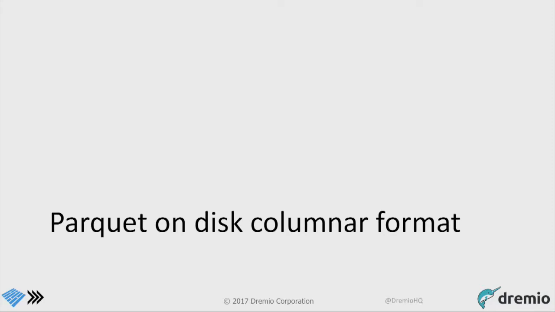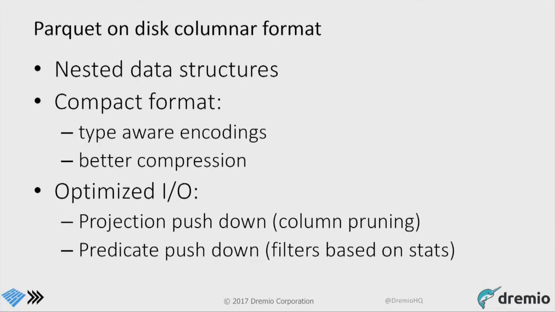If we look a little bit into Parquet, both Arrow and Parquet support nested data structures. And Parquet is a compact format because it uses type-aware encodings. So you know it's a string, you know it's an integer. If you know it's an integer, you know the max value, you can use fewer bits, things like that. And you get better compression than just throwing a general-purpose brute-force compression algorithm like gzip at it.